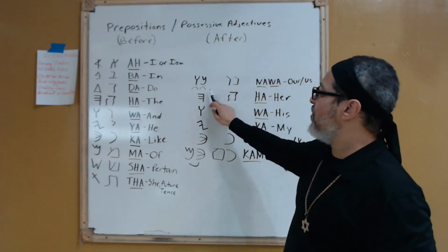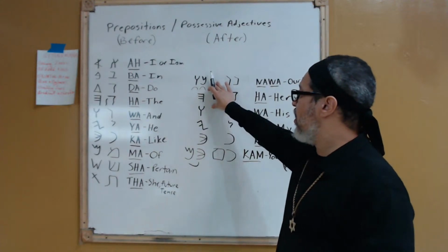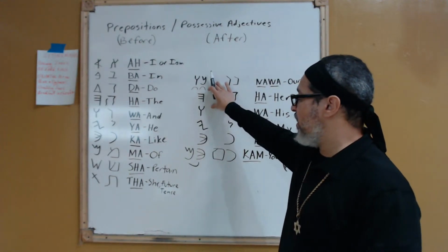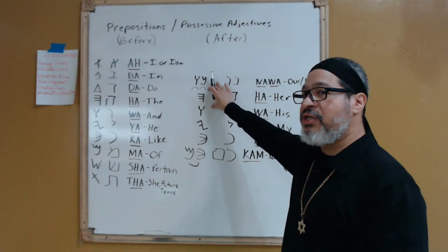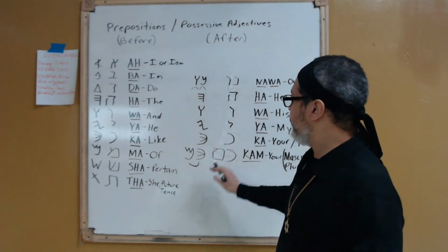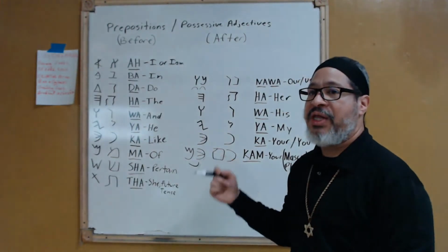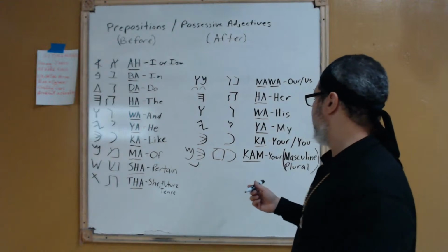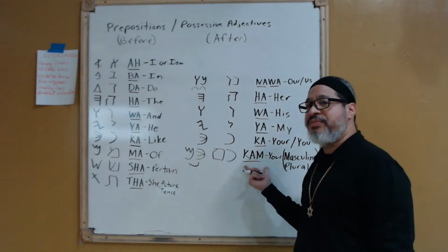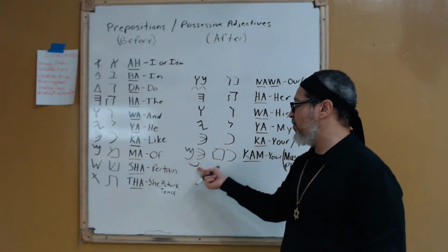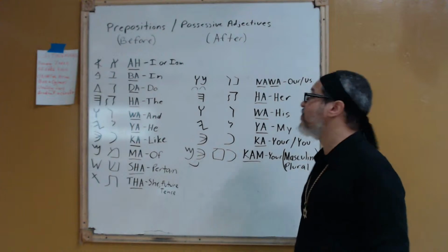So this is how we use connectors in our ancient language. Connectors make things clear, so when you see these underneath, it's very clear how to pronounce the word. So "kam" sounds like one syllable, so you have a connector, like an upside-down curve or a smiley face, to connect the two letters.